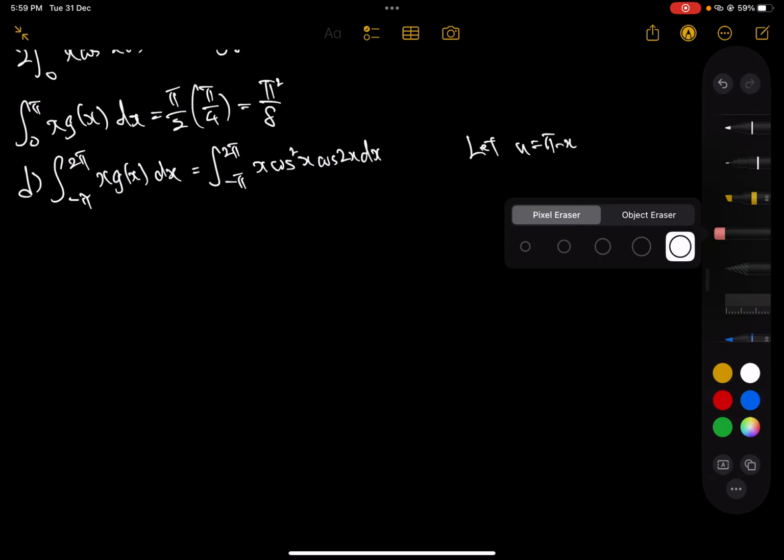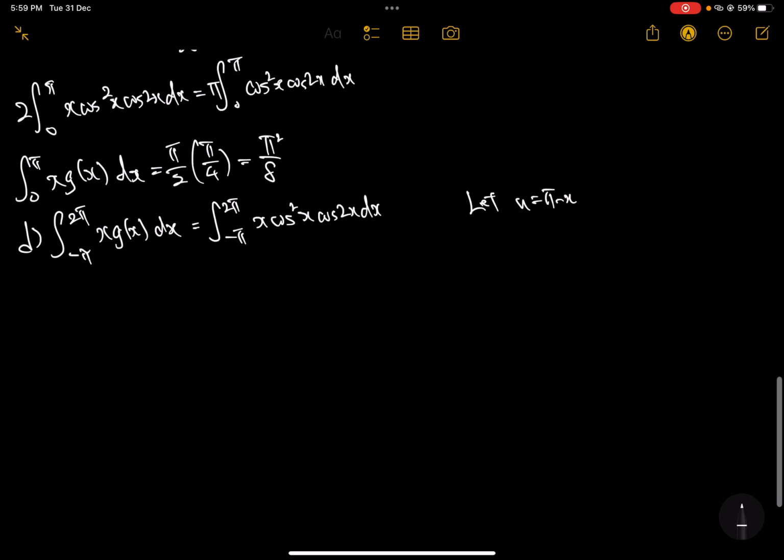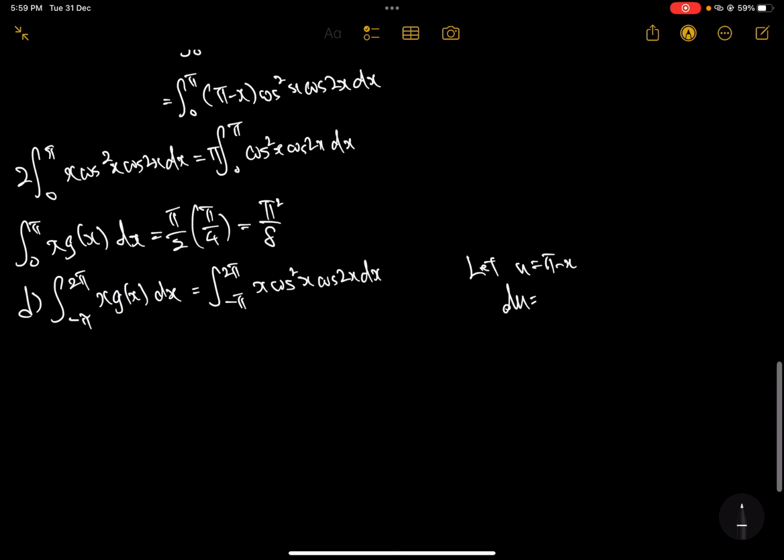But I don't really know how to explain how because it's all from intuition. So instead, I'm going to explain this in terms of substitution. So we could do the same thing. This is du and negative dx. And then we have the same stuff.